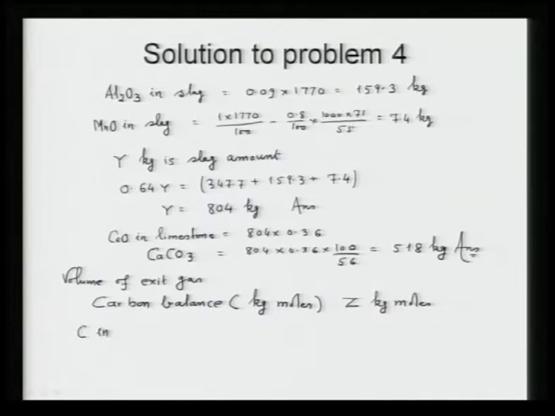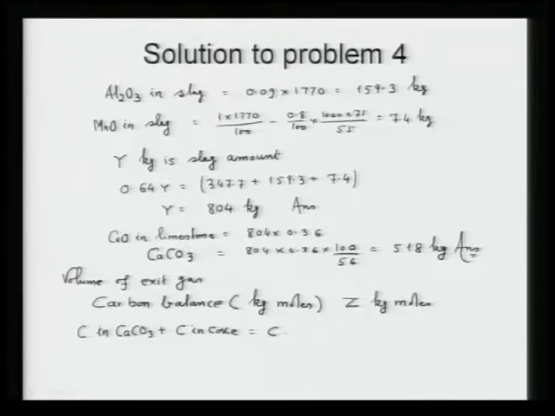Carbon, do not forget, is also entering through calcium carbonate. So, carbon in calcium carbonate, that is input, plus another input, carbon in coke. Many times some students forget to take into account the carbon of CaCO3 and they calculate, but then it is not correct, because CaCO3 on decomposition gives you CaO plus CO2, and CO2 has carbon as well as oxygen.